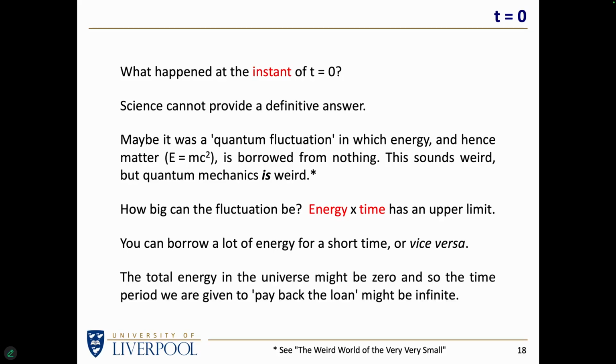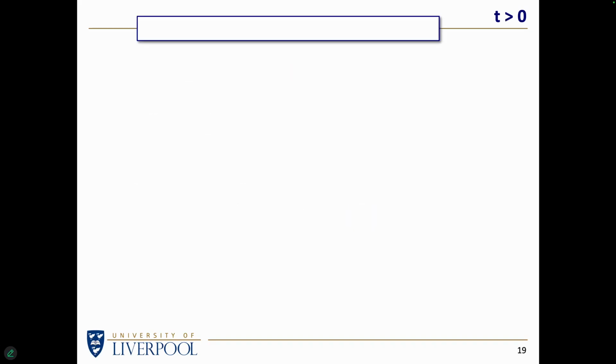If the answer is 0, the total energy we need to borrow is 0, and so the time that we have to pay back the loan, as it were, before the universe notices, well, maybe that's infinite. I know that sounds like a bit of a fudge, but most arguments in quantum mechanics sound like a bit of a fudge. The answer, remember, is this is hypothetical. This is speculation. We do not know.